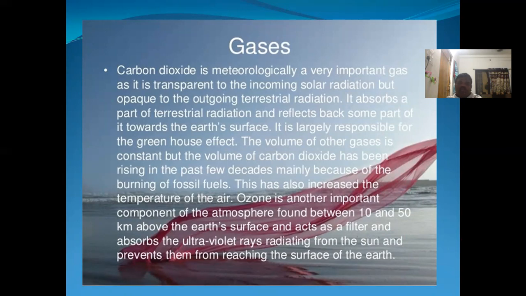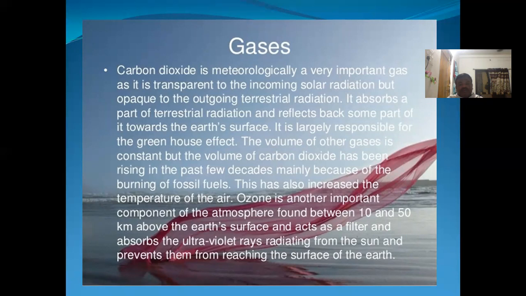The volume of other gases is constant, but the volume of CO2 has been rising in the past few decades. This is mainly because of the burning of fossil fuels. Of course, there are other reasons responsible for the rising of CO2 to some extent. This has also increased the temperature of the air.